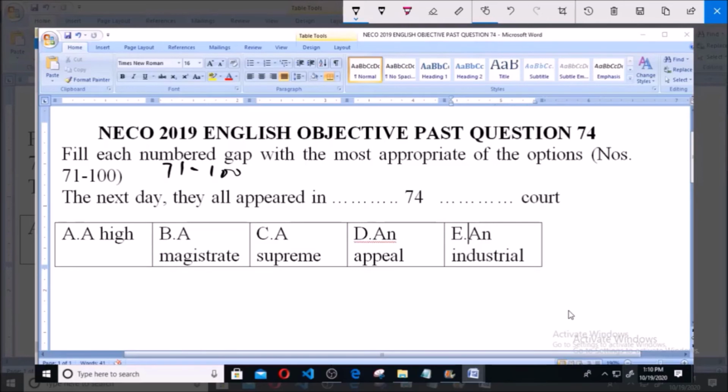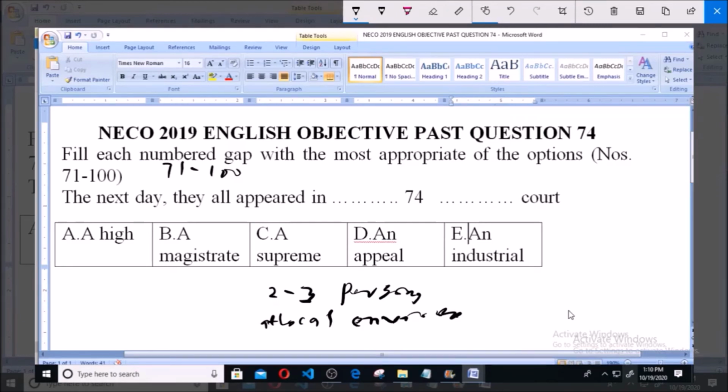Now, a case of this nature, that is between two or three persons at a local environment, is handled by a magistrate court before it gets to the high court.